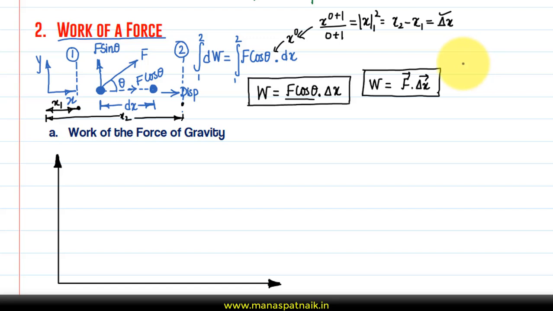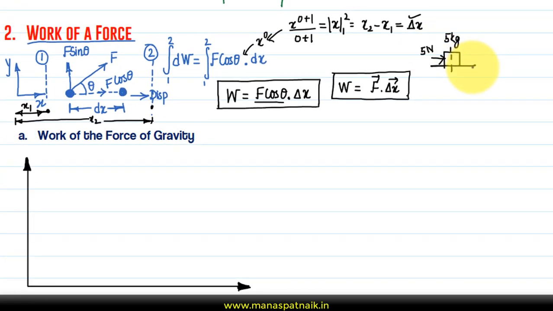Now, the example that I just explained to you was this. Let's say we have a block over here. Let's say that the block is 5 kgs, and on the application of force, let's say we applied a force of 5 newtons. The block moved by a certain distance.